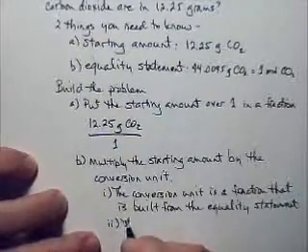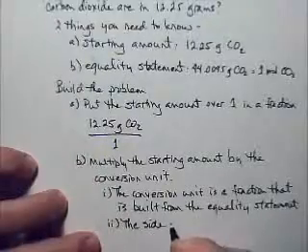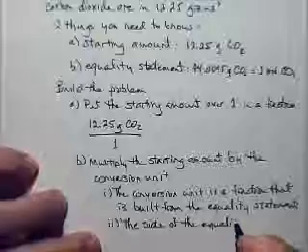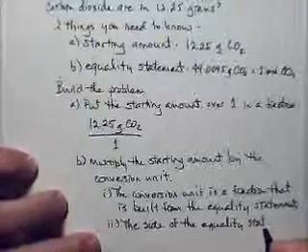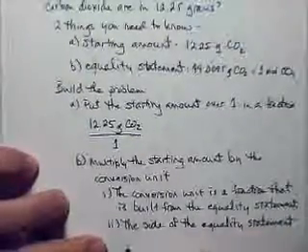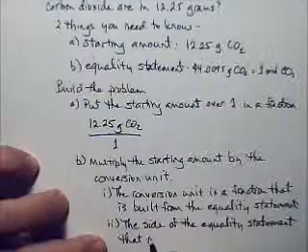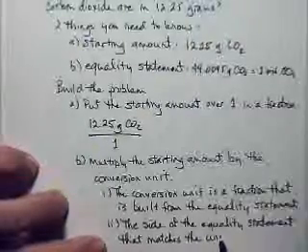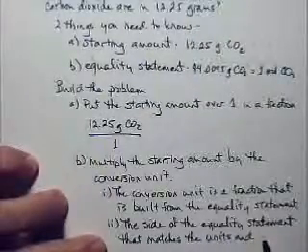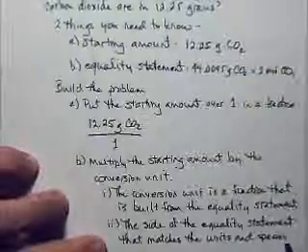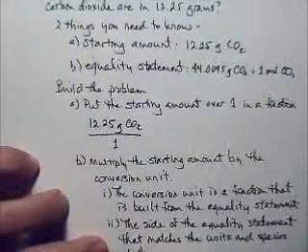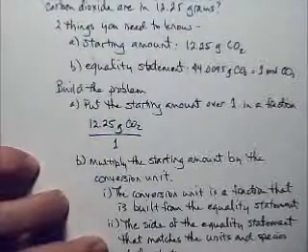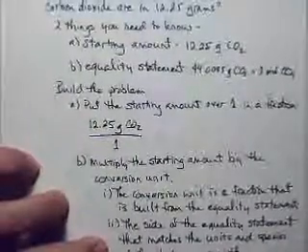And the way you build it is the side of the equality statement that matches the units and species of the starting amount goes on the bottom.